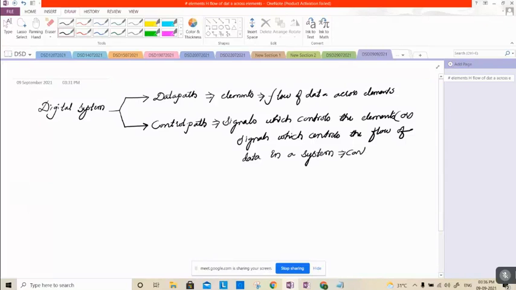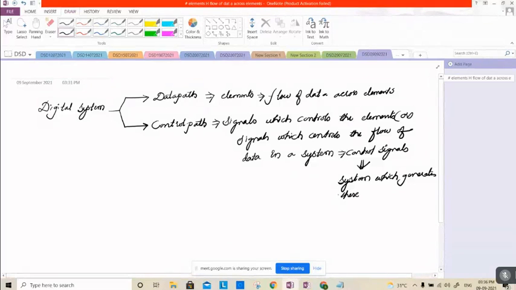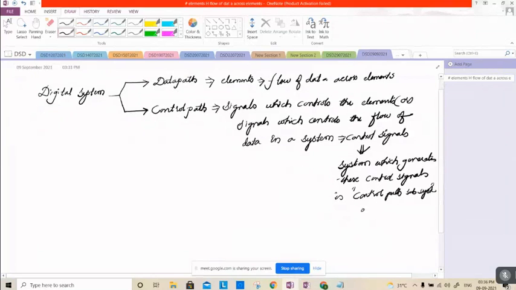These are called the control signals, and the system which generates these control signals is called the control path subsystem, or simply the controller. Right.